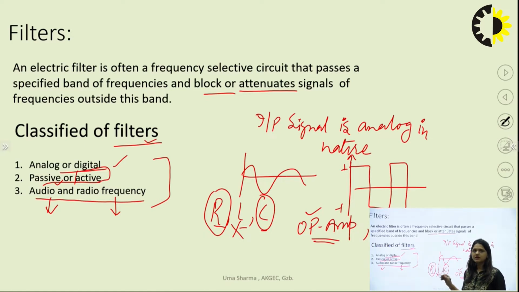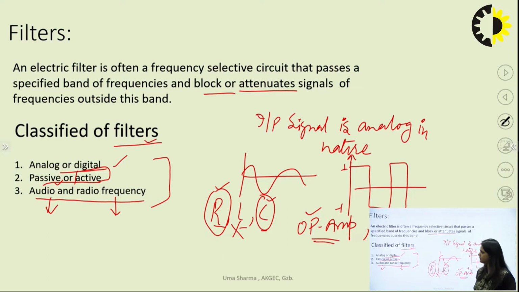So it is good to use only R or a very small value of capacitor along with the active element, so that we can reduce the area and the power consumption, because area reduction and power reduction are the primary objectives of integrated circuit design.